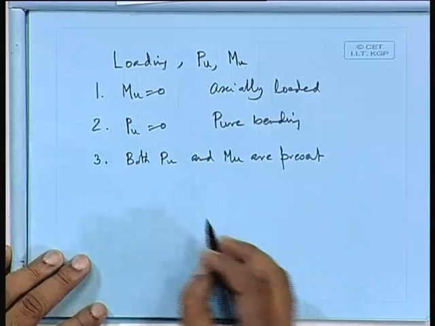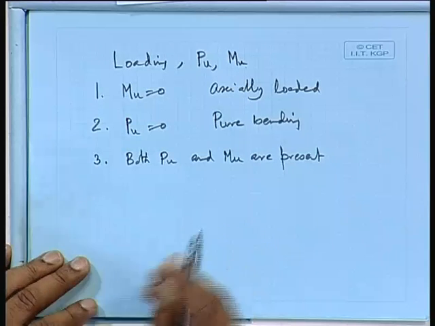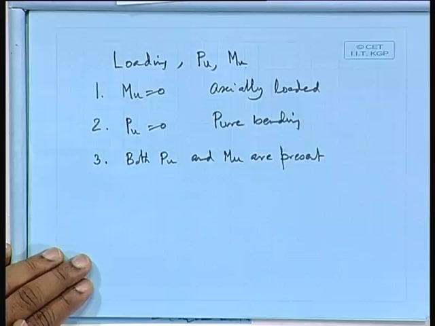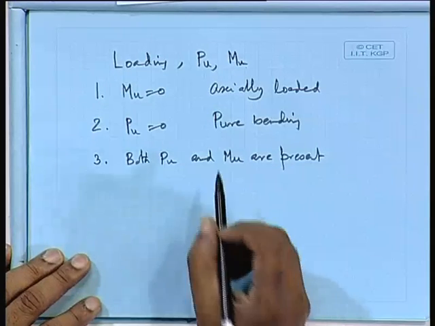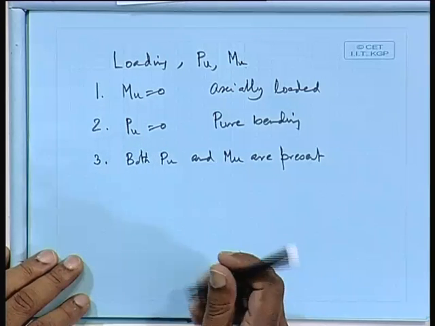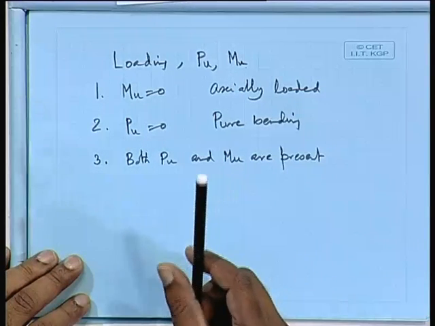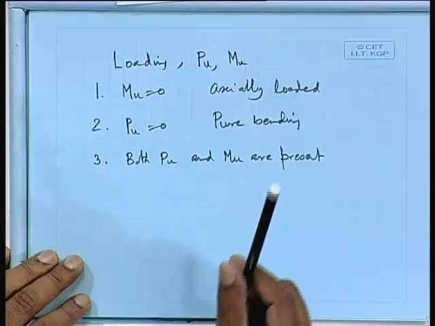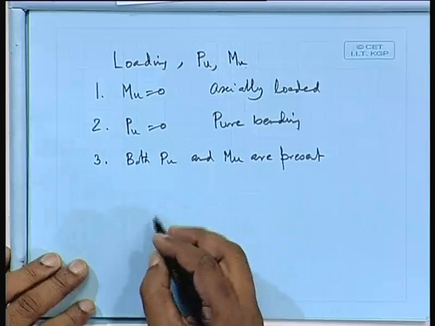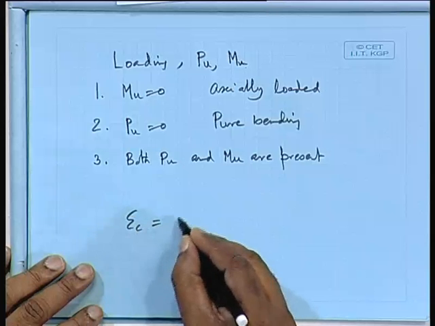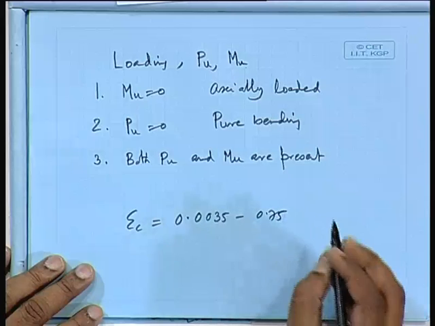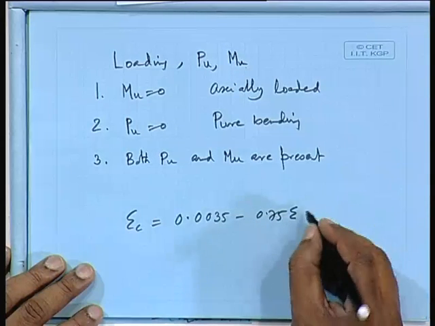Our code says if it is axially loaded, the strain is 0.002. If there is bending, the code says that at the maximum stressed point on the compression side, the strain epsilon c will be equal to 0.0035 minus 0.75 times epsilon dash c.